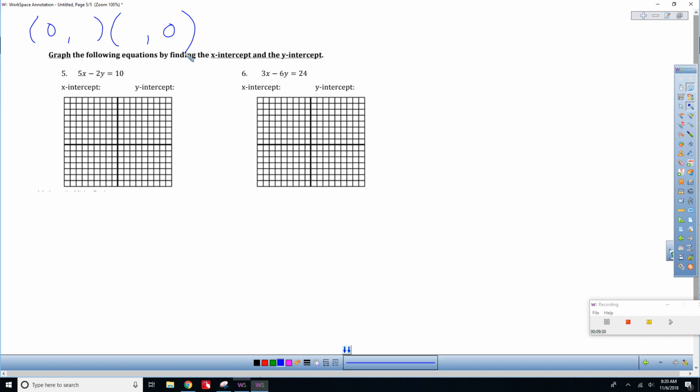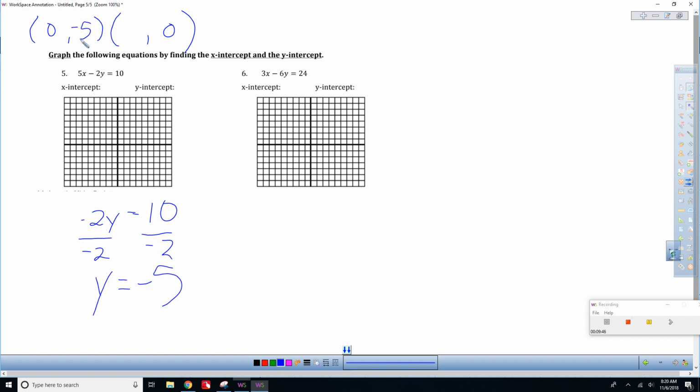So if you put in a 0 for x, you get negative 2y equals 10. Divide each side by negative 2, and you get y is negative 5. Okay? If you put in a 0 for y, you get, so let's see, the y-intercept is (0, -5).